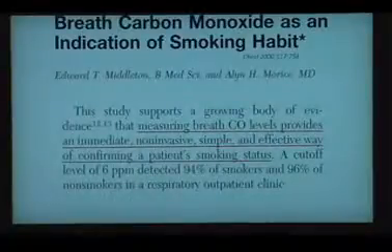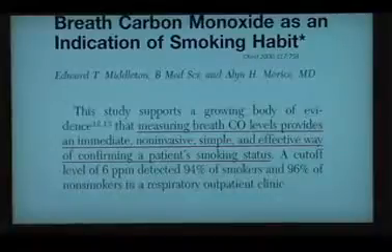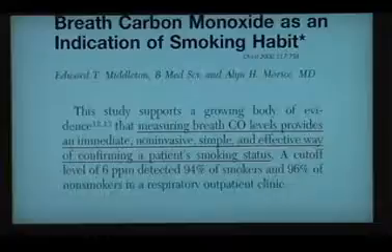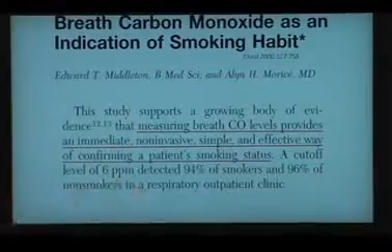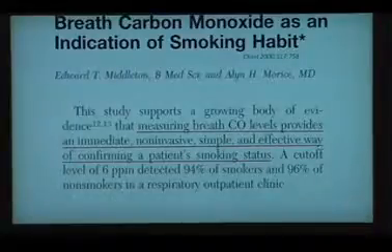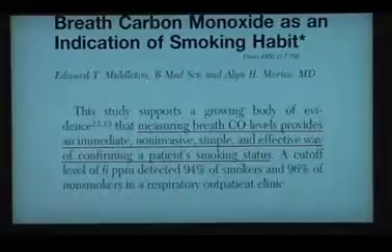So this is something I've mentioned a couple of times already. This is a paper in Chest looking at using exhaled carbon monoxide as an indicator of whether patients in smoking cessation programs actually quit, as they may say that they did. They concluded that measuring breath CO, so blowing into a CO meter, provides an immediate, non-invasive, simple, and effective way of confirming a patient's smoking status.